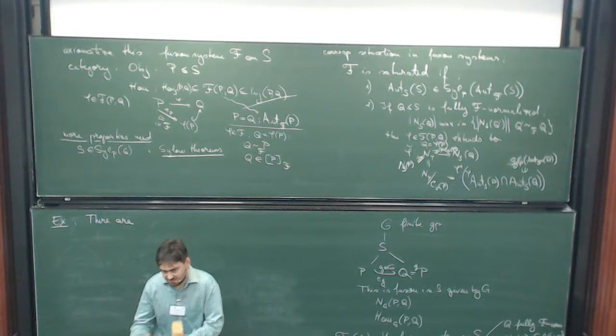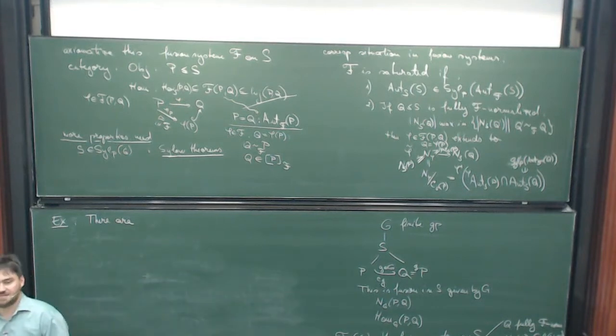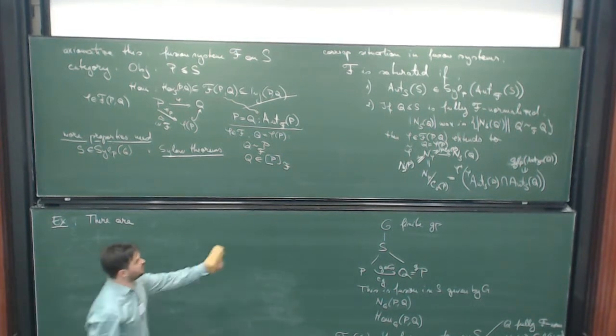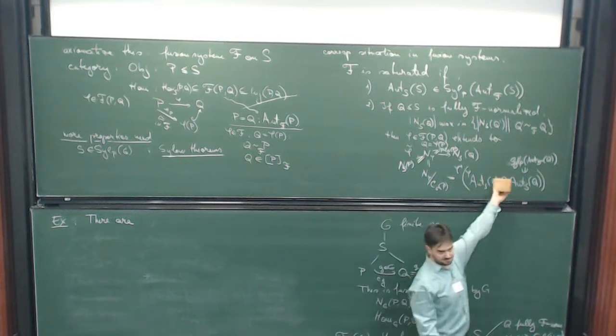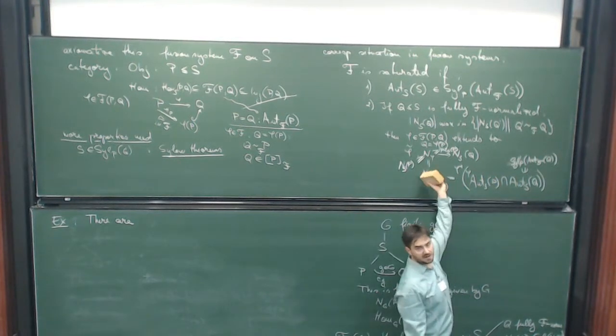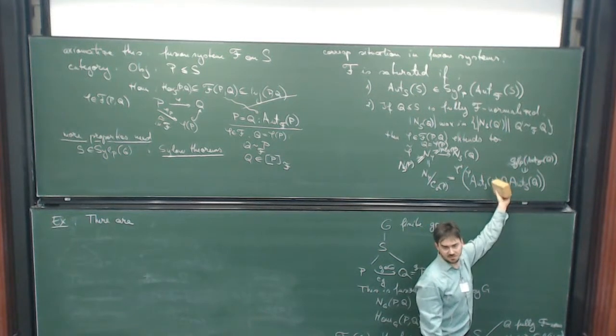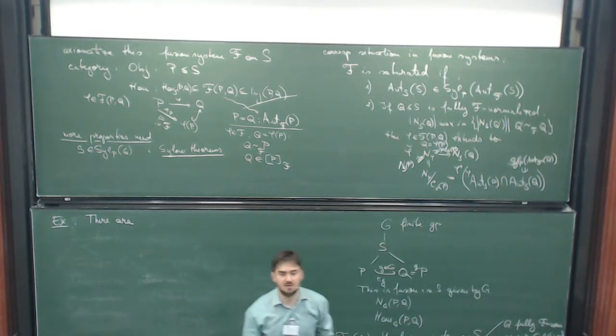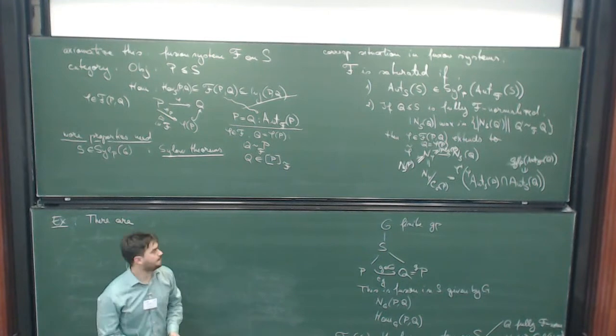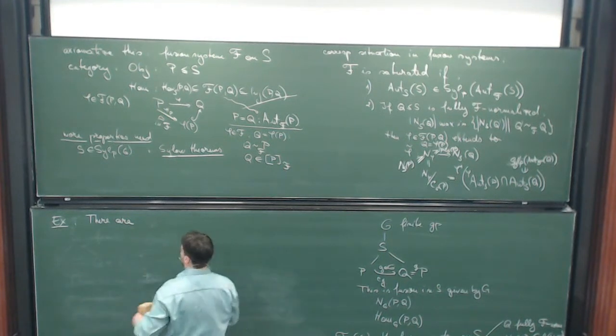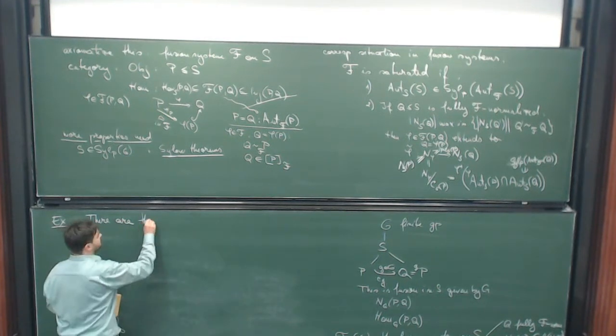If you ever can extend, then this subgroup will be inside of this. So let's take an R, then R over C_S(P) would be a subgroup of this thing. So this is the biggest to which you can extend.